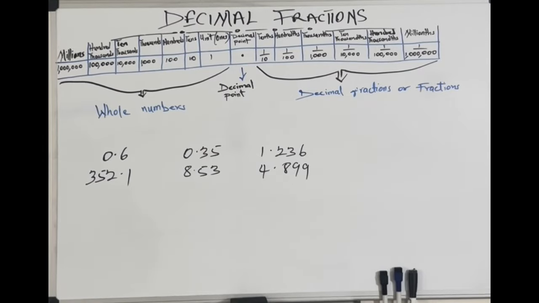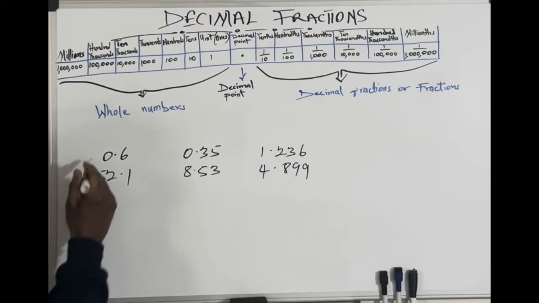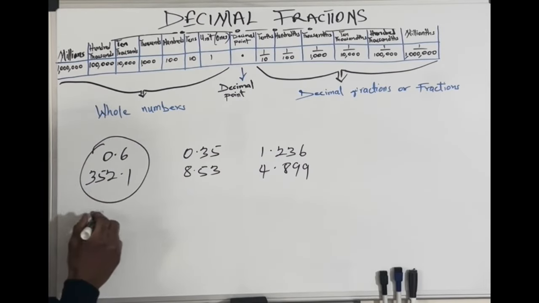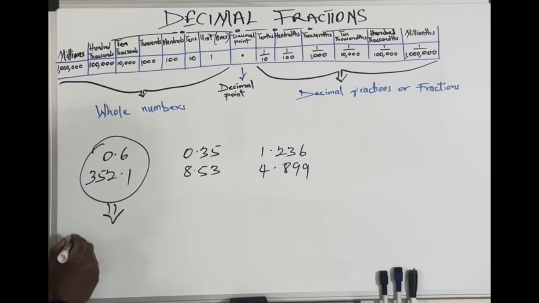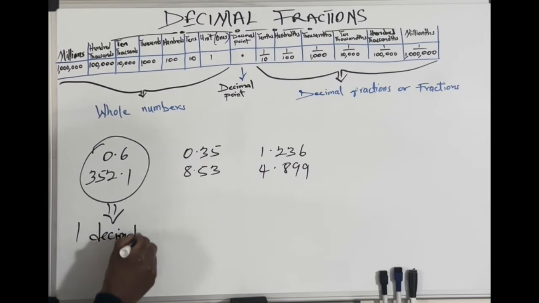A number like 0.6 or 352.1 will be said to have only one decimal place. Why?